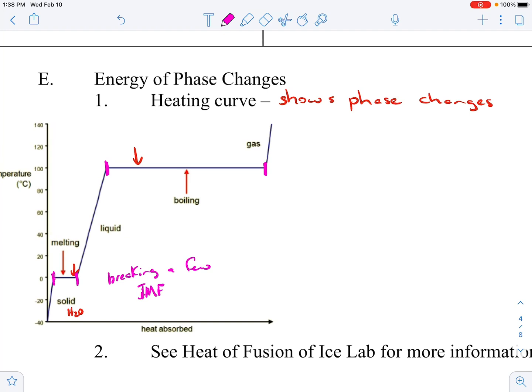But when we boil, when we change from a liquid to a gas, we have to break all the IMFs. So everything has to be broken. So that's why it takes so much more energy to change from a liquid to a gas.